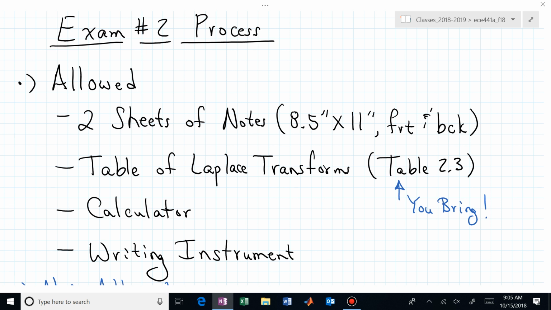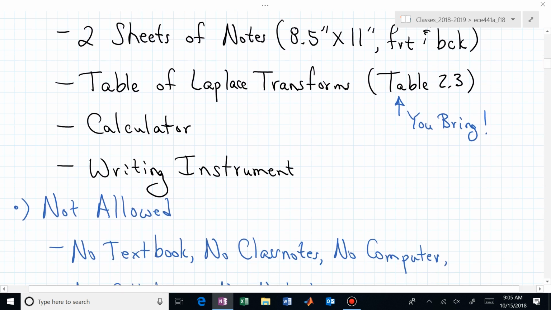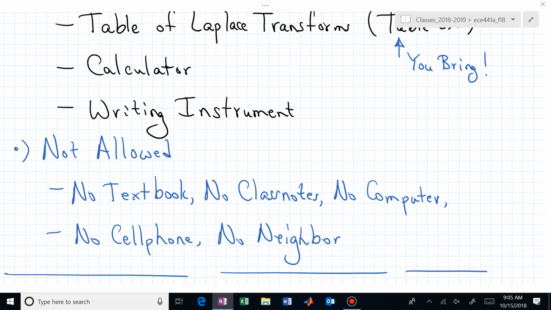If you don't have a calculator, you can probably do most of the exam without one, but I wouldn't necessarily show up without one. If you forget one, don't let that throw you into a panic. Just start working as if it's not needed. You won't be allowed your textbook, class notes, computer, cell phone, or a neighbor.